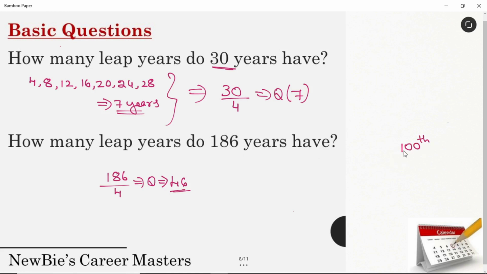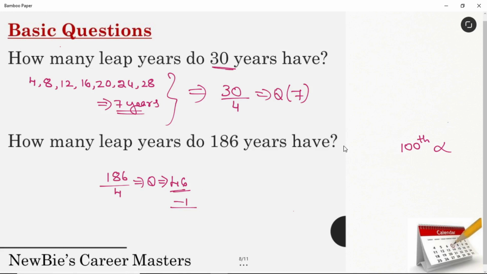100th year is not divisible by 400. So, the 100th year is not a leap year. But the 100th year is in this list. Why? Because it is divisible by 4. You have to remove this one. What is this minus 1?